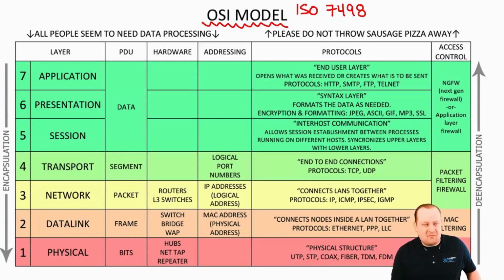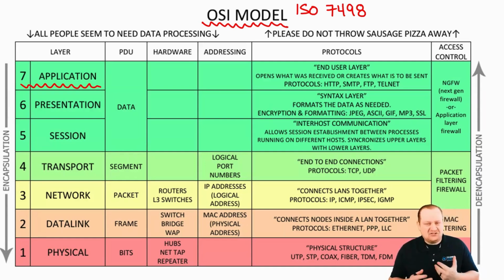At the very top of the model, we have something called application. A big mistake that I usually see is people think, oh, application, this must mean like Microsoft Word, PowerPoint, Photoshop, programs. Not quite. This layer is the layer where you find the languages, though, that those programs would use to talk across the network.